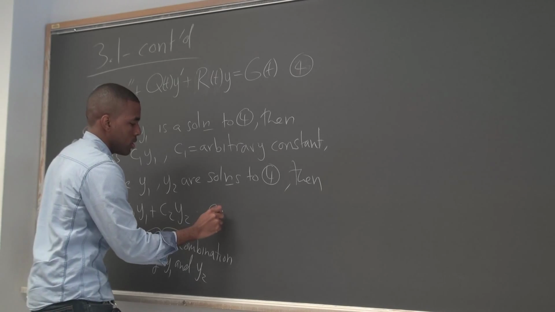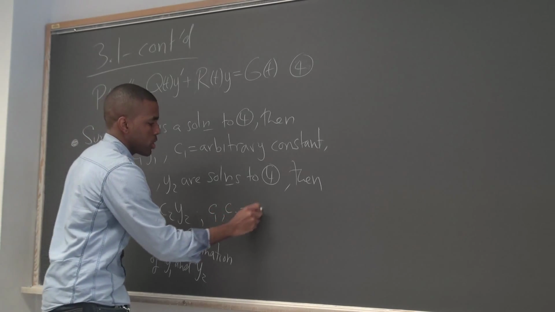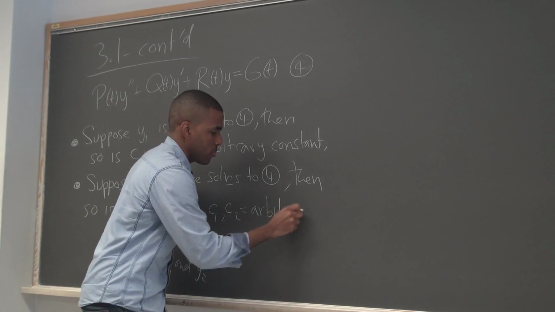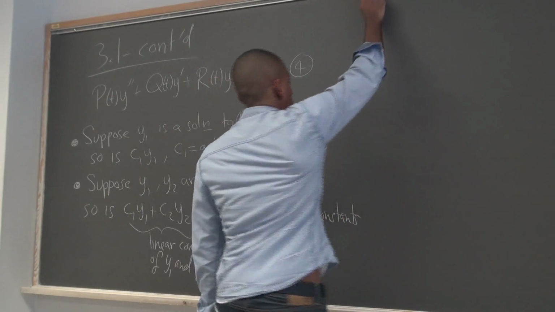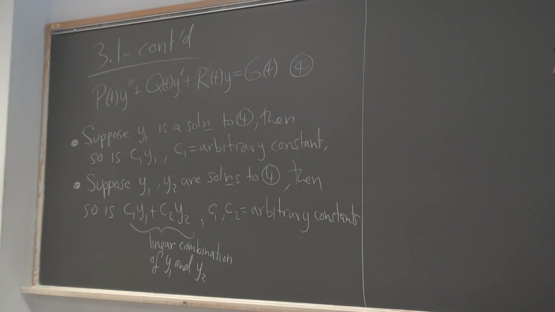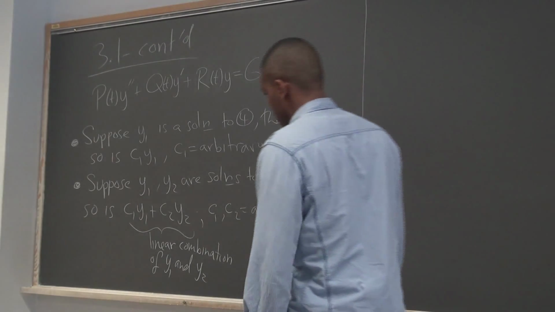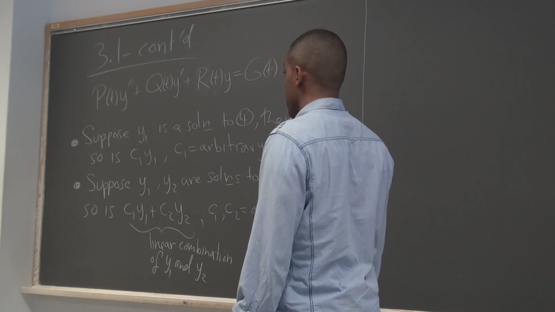Again, C1 and C2 are just arbitrary constants. It's not a difficult thing to prove. You just have to plug and chug and do the computations, right?